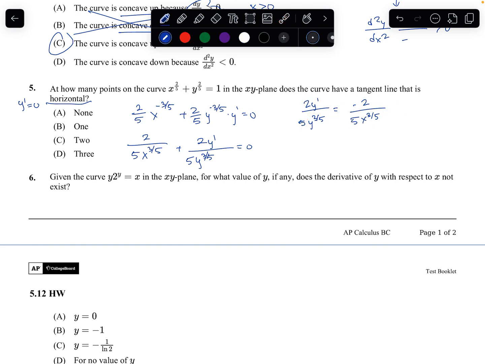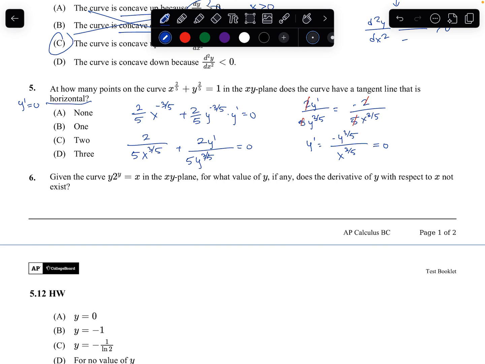So I don't think these constants are going to matter. Then I'm just going to multiply this over here. So I'll get y prime is equal to negative y to the 3/5 over x to the 3/5, and set that equal to 0.